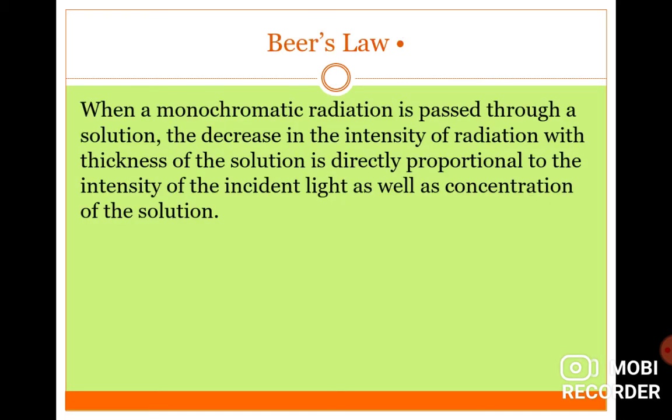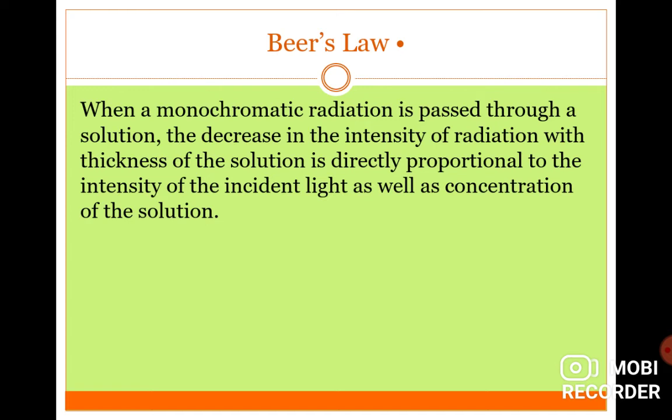Next, Beer's law. When monochromatic radiation is passed through a solution, the decrease in the intensity of radiation with the thickness of the solution is directly proportional to the intensity of incident light as well as the concentration of the solution.